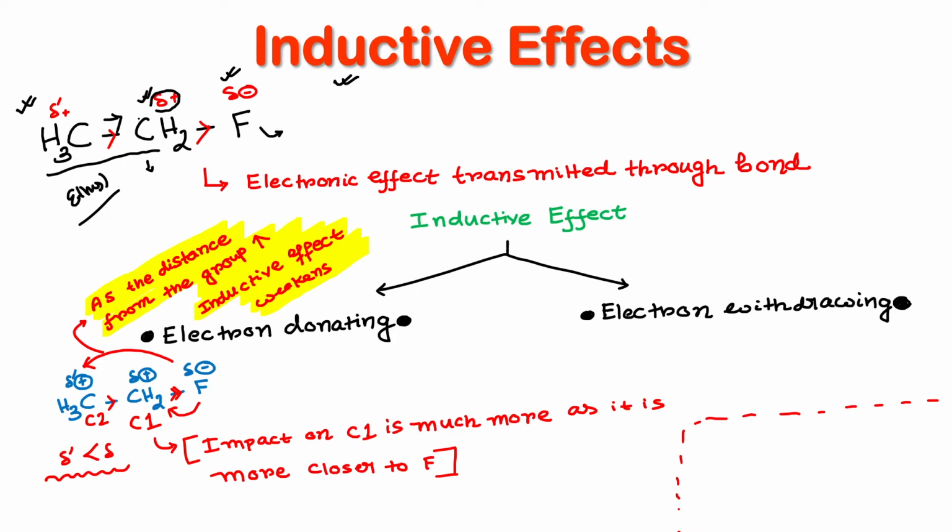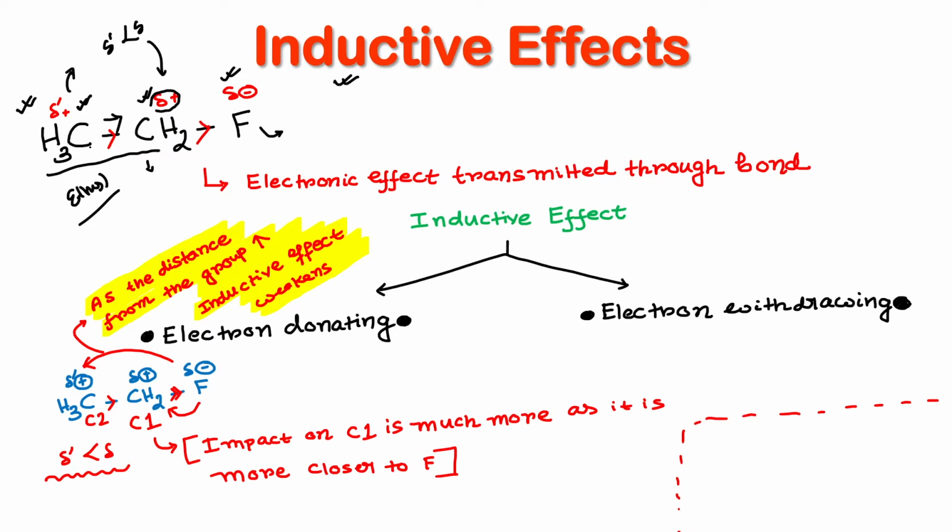So this carbon atom will also become partially positive, and some delta positive charge will be formed, but this delta dash will be much less than this delta, because this carbon atom is just adjacent to the fluorine atom, so the electron deficiency on this carbon atom will be much higher than the deficiency on the next carbon atom.